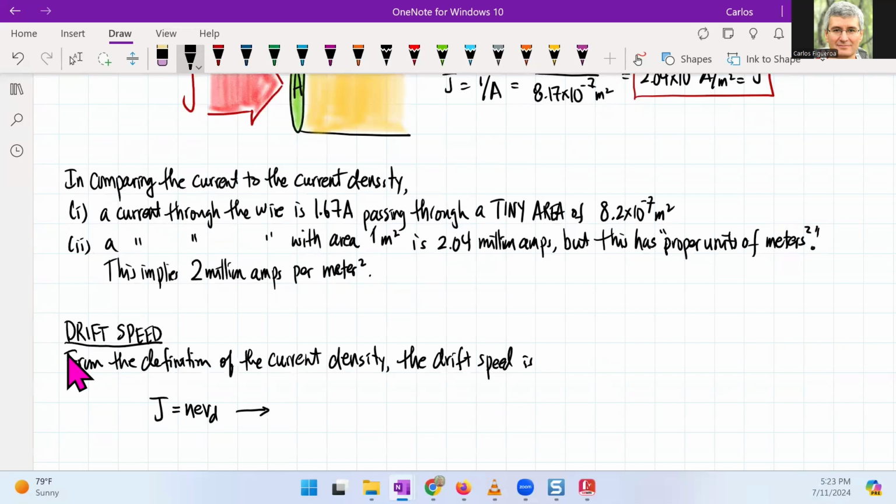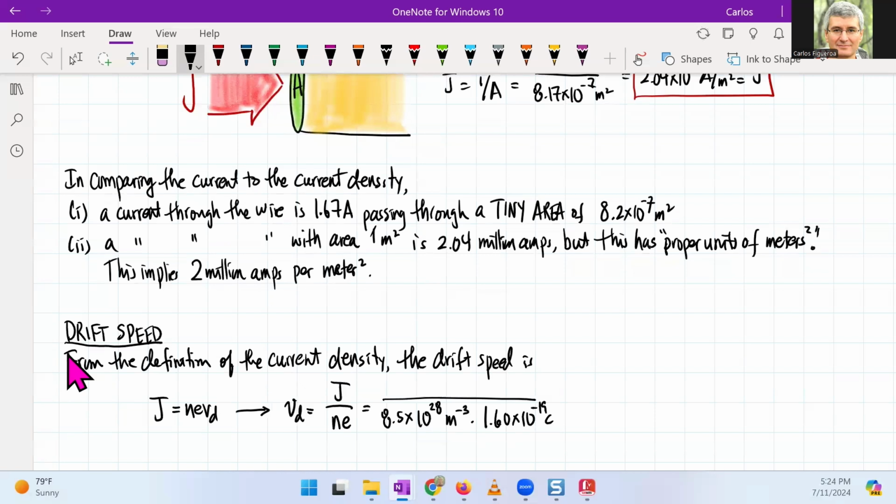So that just tells us then that the drift velocity is then going to be the current density divided by n e. So if I start putting in these ginormous numbers or tiny numbers, I'm going to get the concentration times the charge of the electron, which is tiny.